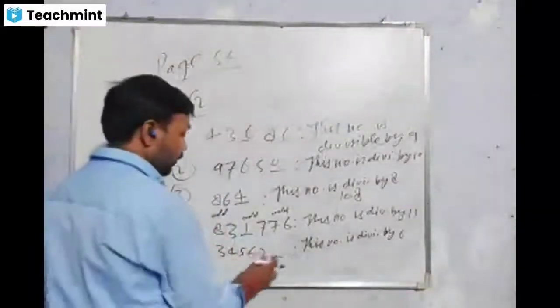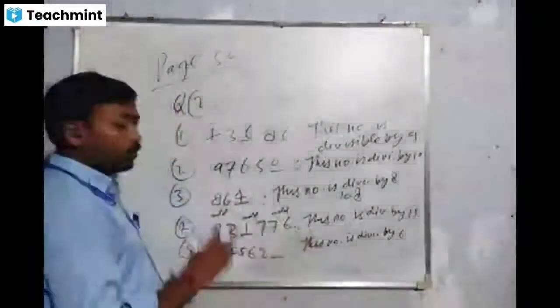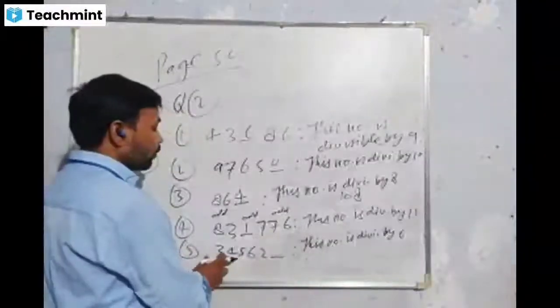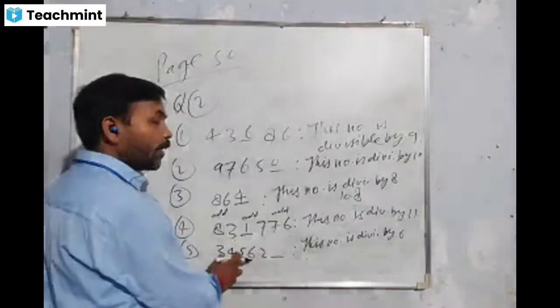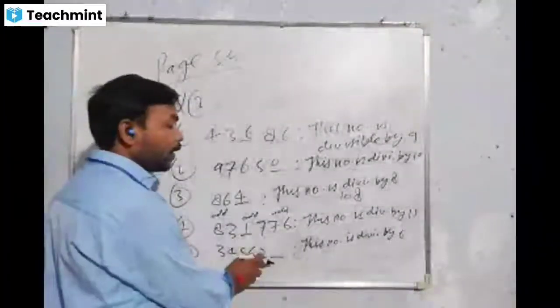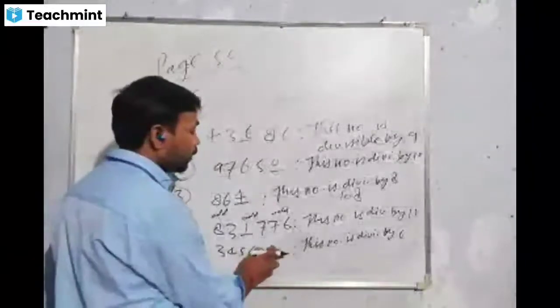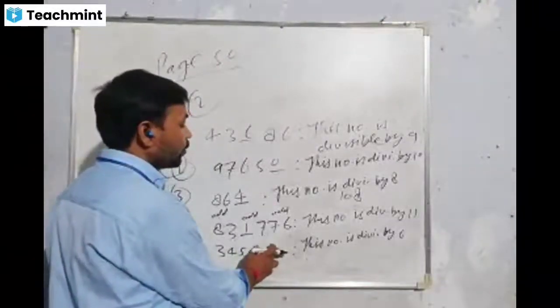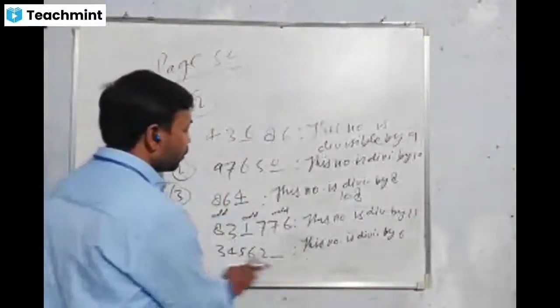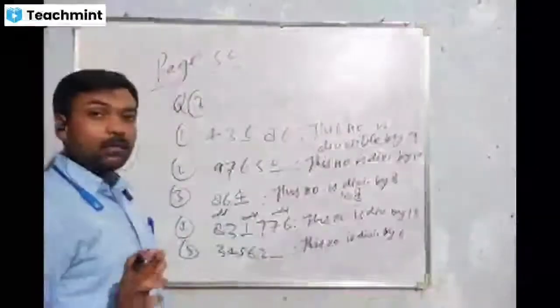After that we have to check the test of divisibility by 3. We have to find their sum. 3 plus 4 is 7, 7 and 5 is 12, 12 and 6 is 18, 18 and 2 is 20. If here will be 0, then 20 plus 0 will be 20, and 20 is not divisible by 3. So therefore this number is not divisible by 6.